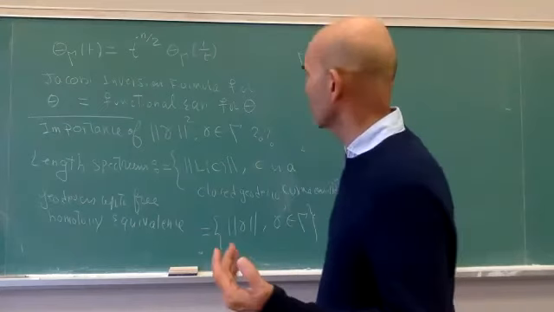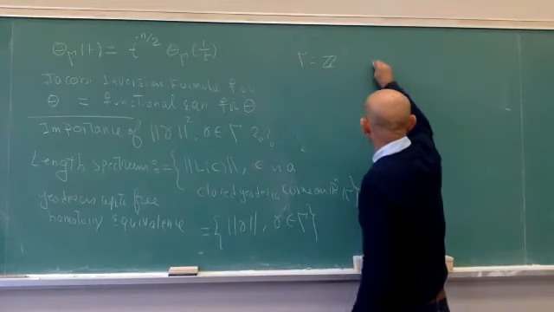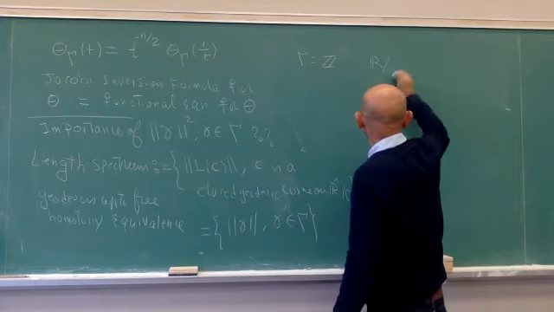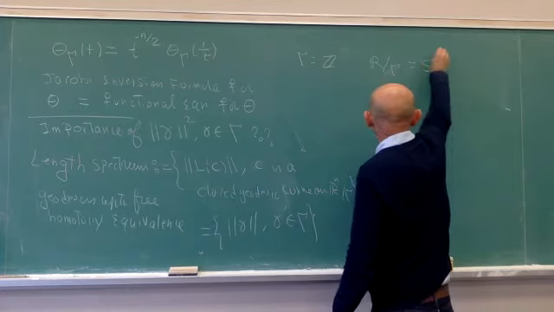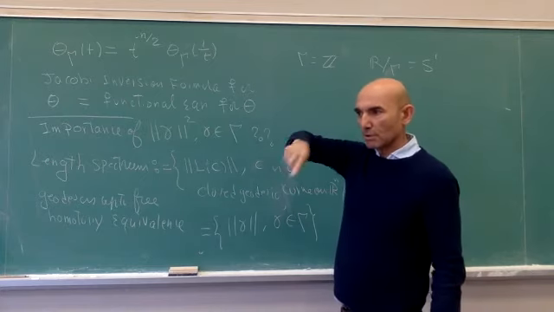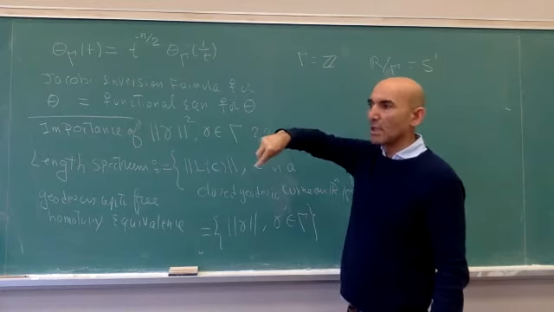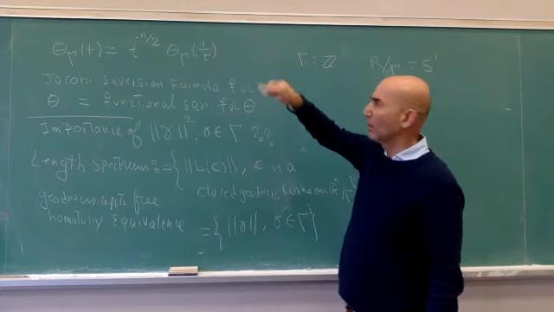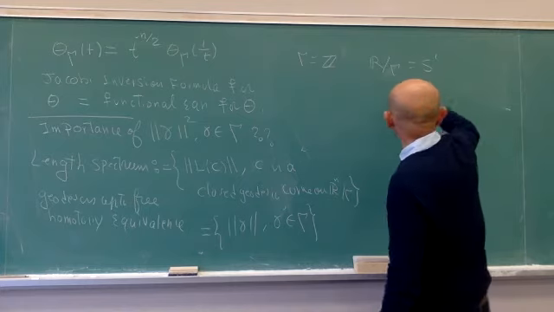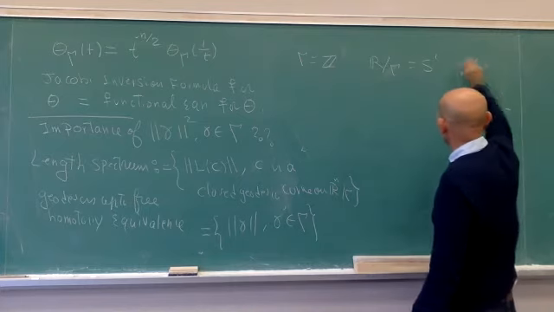These are just R mod gamma, which is S1. In this case, of course, geodesics go around once, length 1, because I'm taking a circle of length 1, right? And in this case, that's completely obvious.